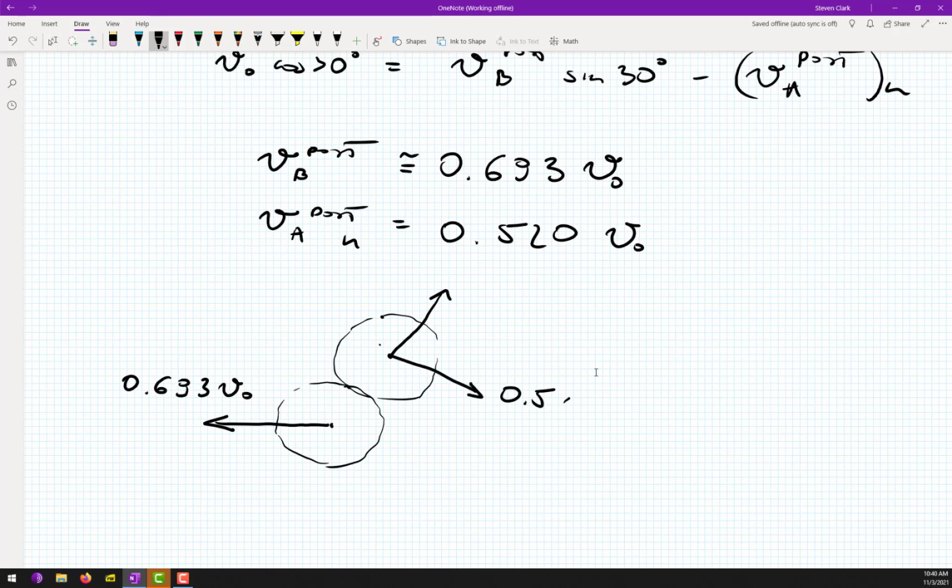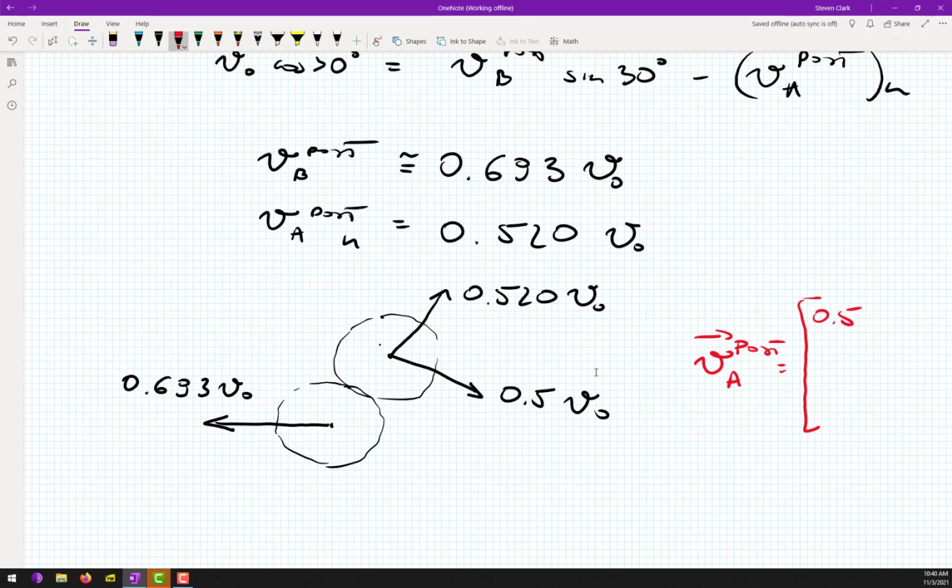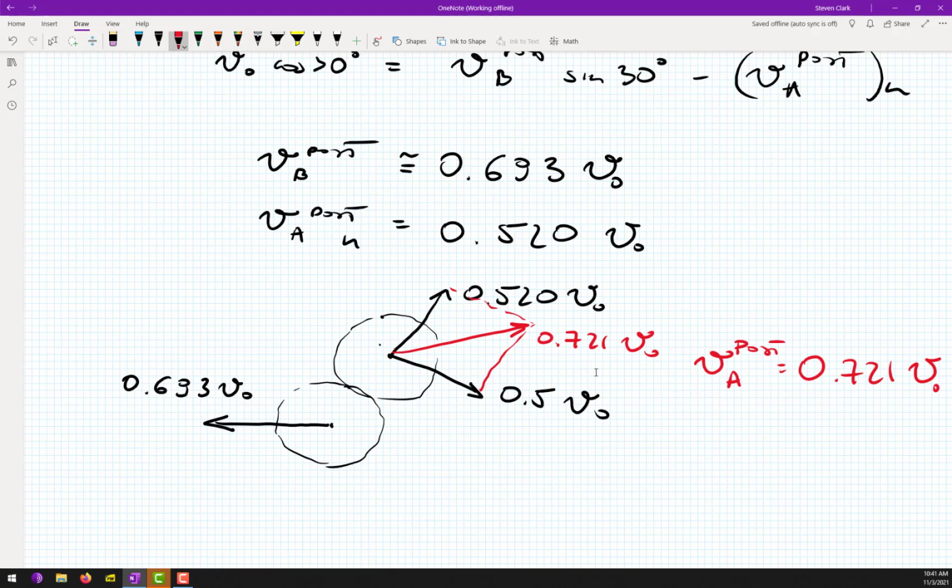This will be 0.5 V0, and this one will be 0.520 V0. Doesn't matter. Let's maybe just find the magnitude. So the magnitude will be 0.721 V0. This vector is 0.721 V0.